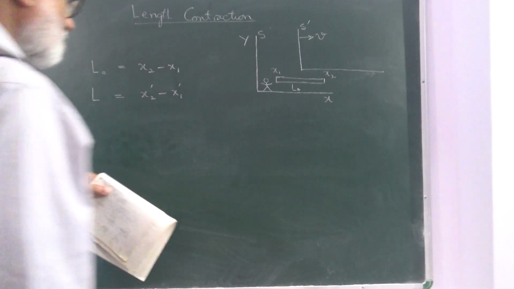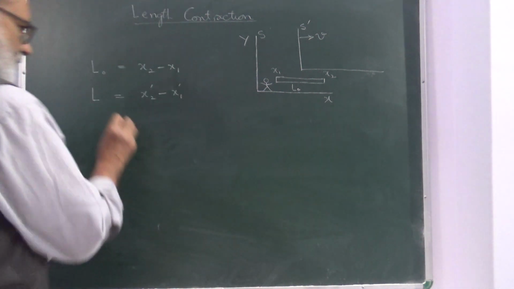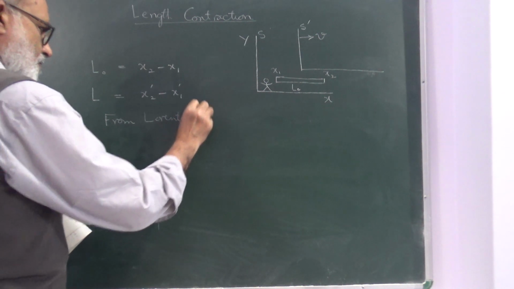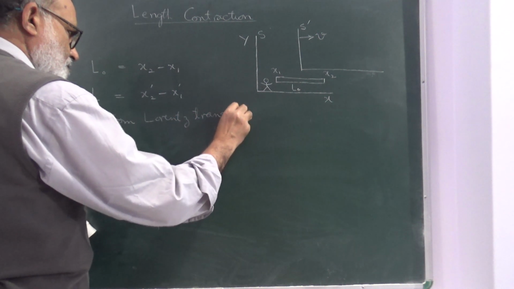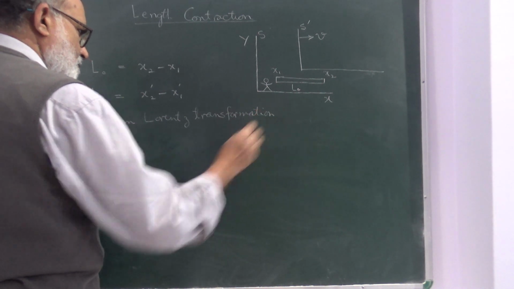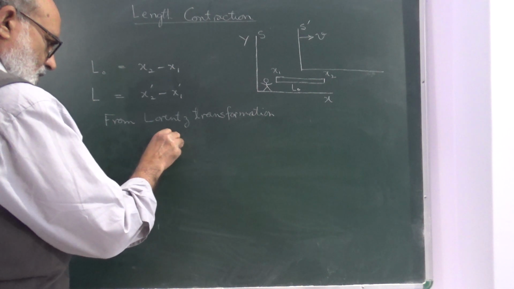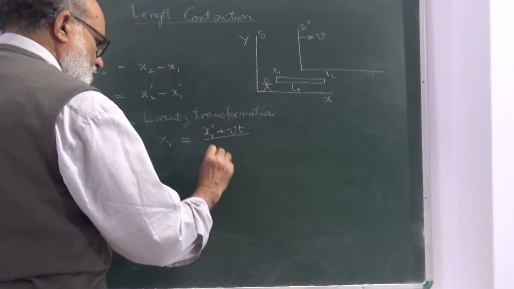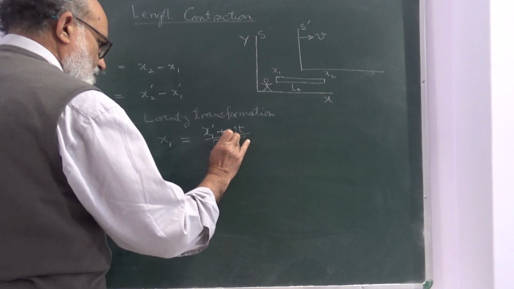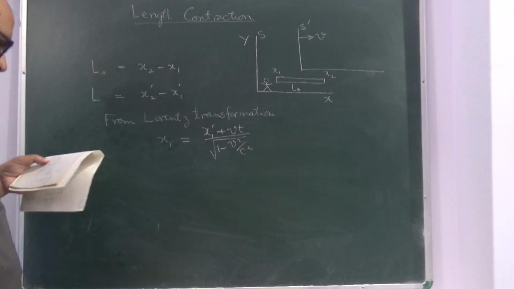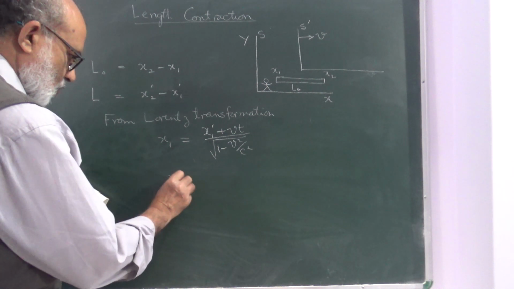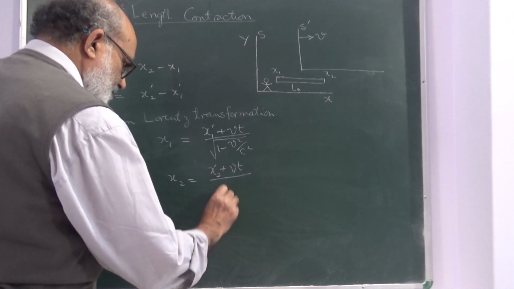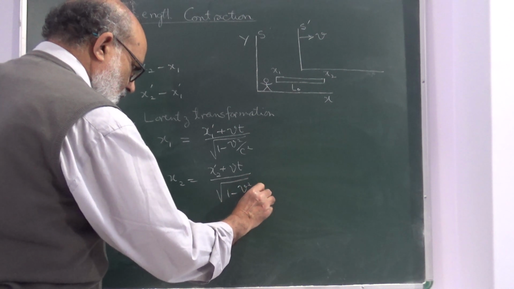Since we know from our Lorentz transformation, x1 will be equal to (x1 dash plus vt dash) divided by the square root of 1 minus v square by c square, and x2 is equal to (x2 dash plus vt dash) divided by the square root of 1 minus v square by c square.